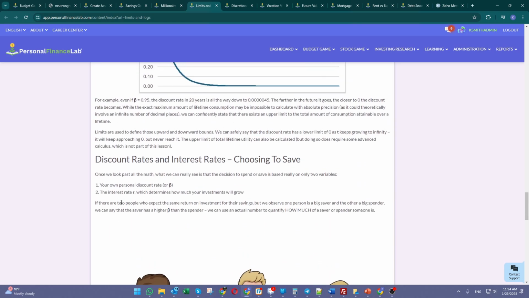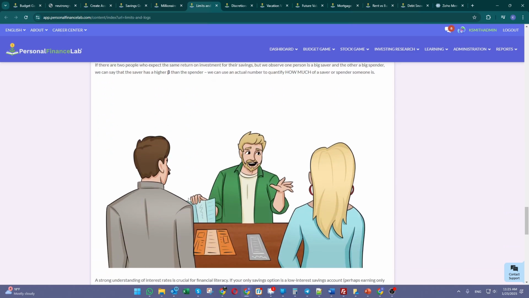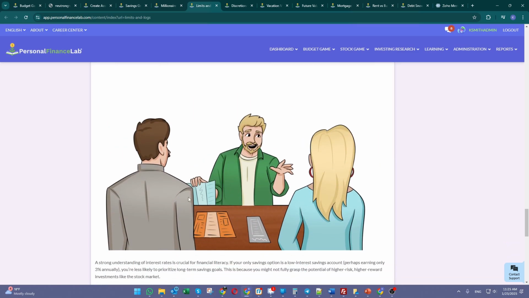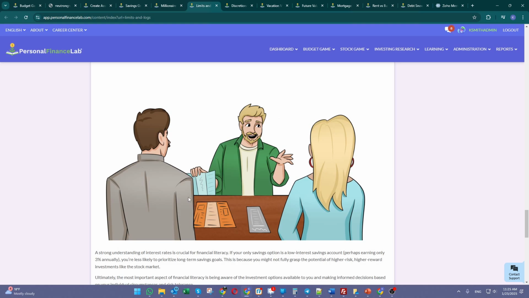Because what it really means is a user who has a very high beta, meaning you value a dollar tomorrow very highly compared to a dollar today, maybe it's worth 99 cents today for a dollar tomorrow, you're much more likely to save and invest. So it requires a lower interest rate for you to be willing to save. And so we connect these goals together for a person to think about really what is a dollar worth to me in the future. And then the same thing goes for the future value lesson, connecting those concepts in different ways.